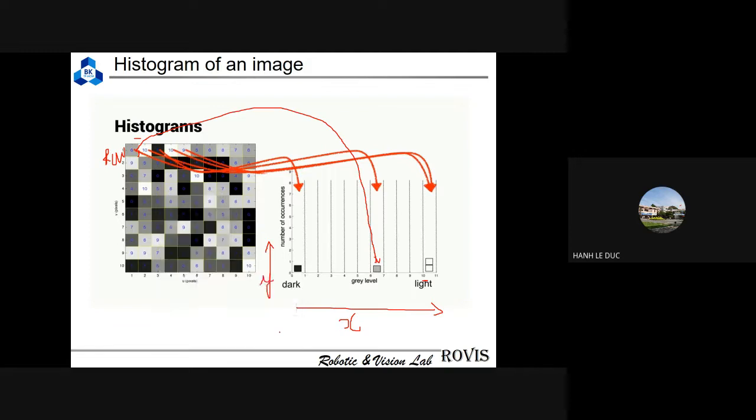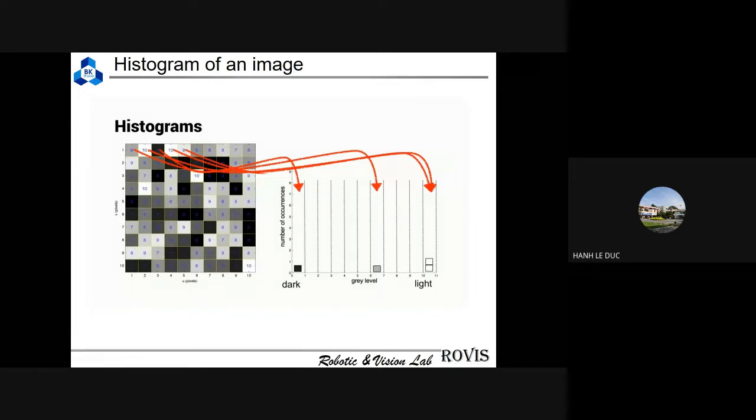So to draw the histogram is very easy. You just count the number that appears on your image. For example here, you can count how many intensity 10 appear, and then you put it here.